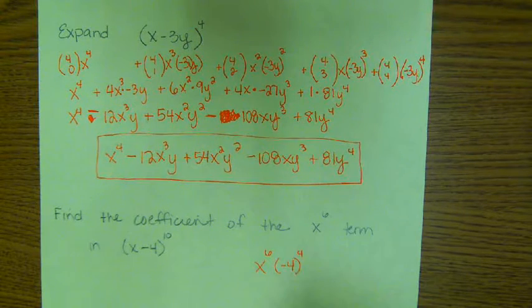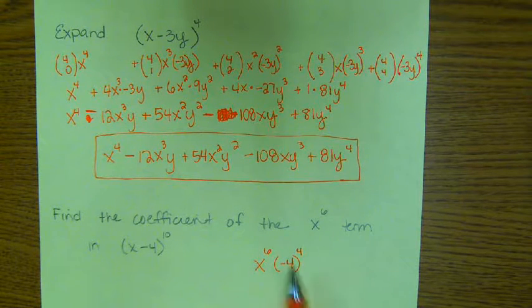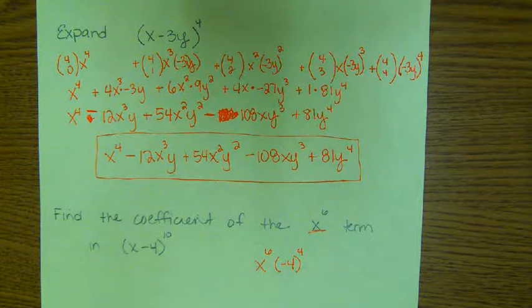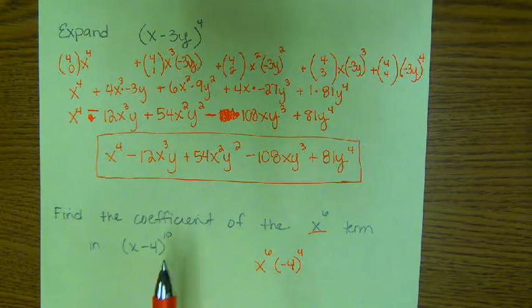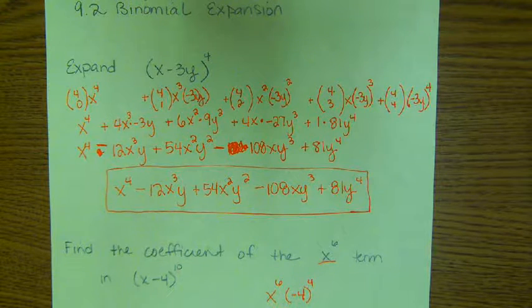How did I figure that out? How did I figure out that the second thing is going to be negative 4 to the 4th? If they told me this. Yeah, and all of these things, the powers add up to the total power of the function that you're expanding, okay? And then, what did we say?